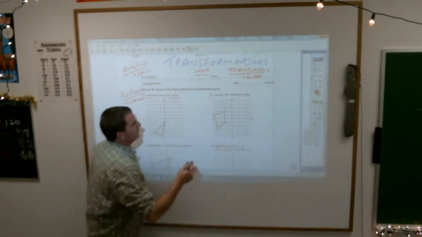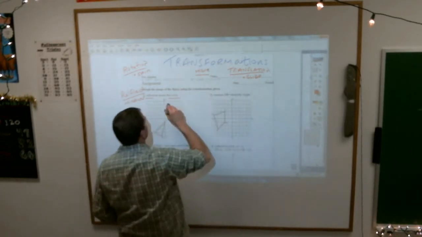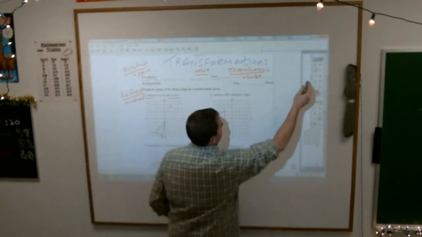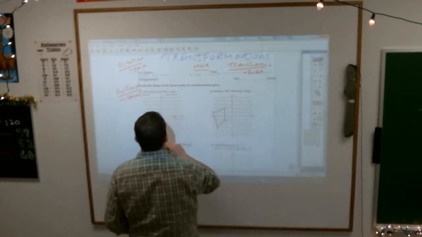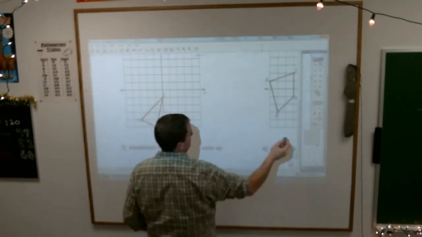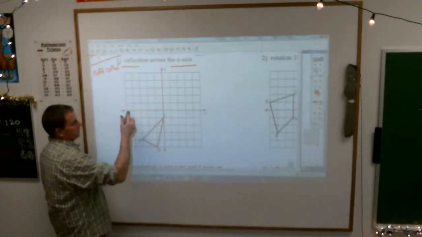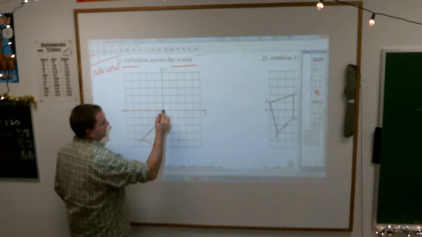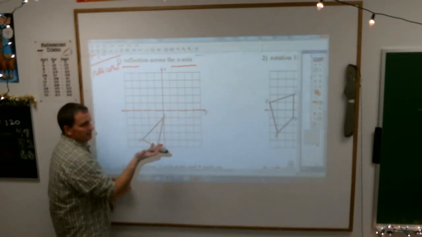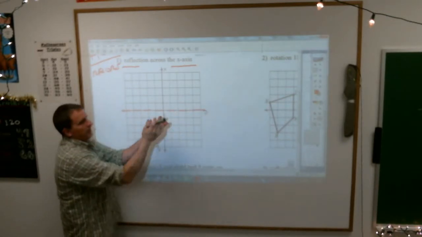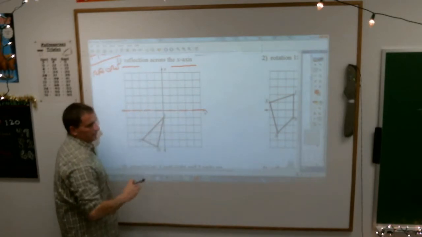So, let me blow this up a little bit if I can. I can't. Okay, so here's my reflection. This is what you should have here. Here's the x-axis, so right on here, this whole shape is basically getting folded up and redrawn over here.